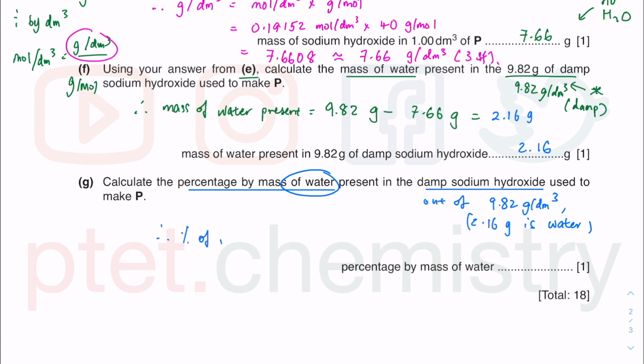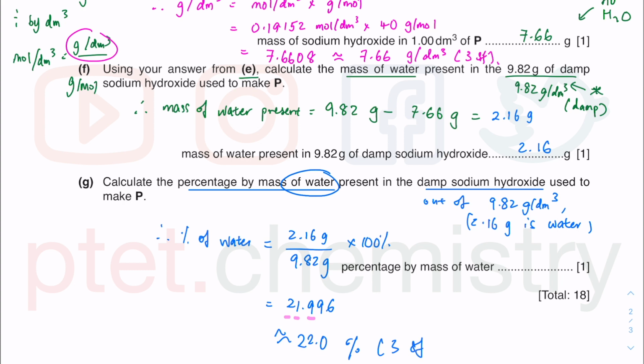Therefore, the percentage of water by mass is going to be the mass of the water divided by the mass of the wet sodium hydroxide, both of these in 1 dm cube there, times 100%. You're going to get 2.16 divided by 9.82 times 100. I get 21.996. So 22.0 if I convert that to 3 significant figures, 1, 2, and 3. There's more than 5, then you add 1 there, 9 plus 1 is 10, then you add 1 there, 22.0. This is percent, because the question did say percentage and we did multiply by 100%.